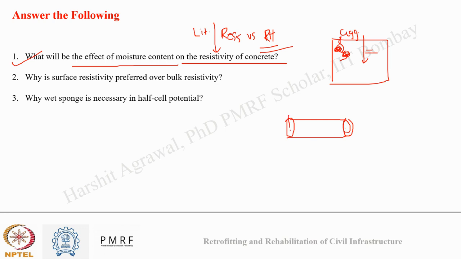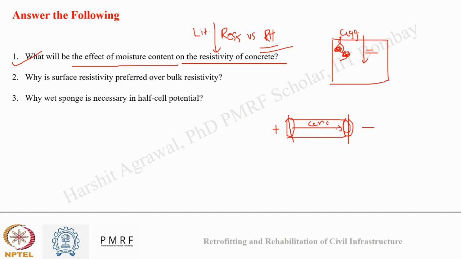Another reason is I am applying some voltage across the core. This is my positive terminal, this is my negative terminal, and my current is flowing through the concrete. Now concrete is not conductive, it is an insulator.